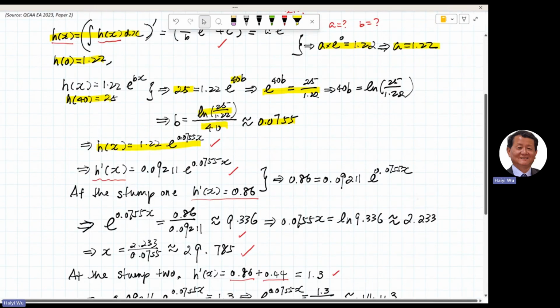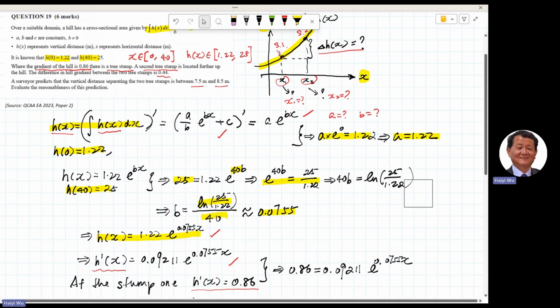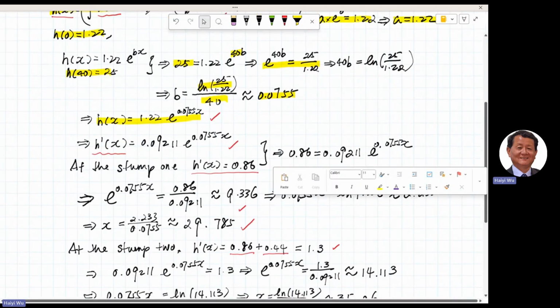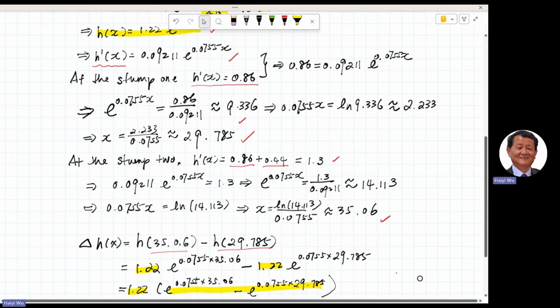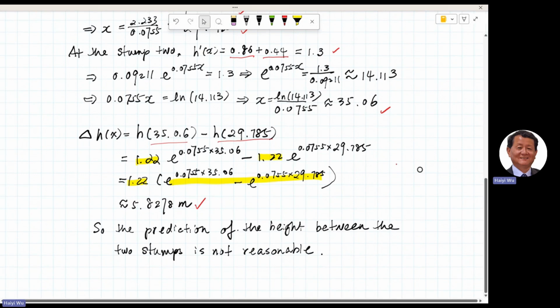Now the prediction for the height between the two stumps was between 7.5 and 8.5. So this is not a reasonable prediction.